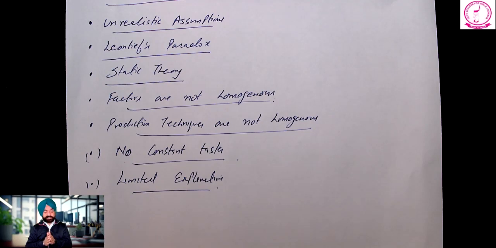So factor intensities and factor endowments are the main cause of difference in cost of production, and that's why two countries exchange goods between them, and that's why this theory has much more weightage in international trade.